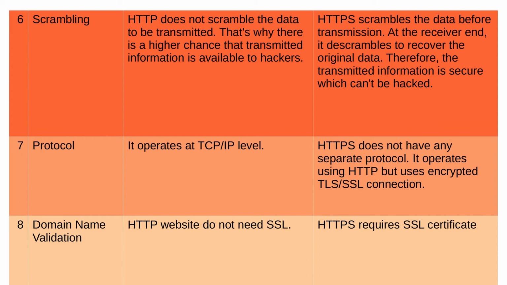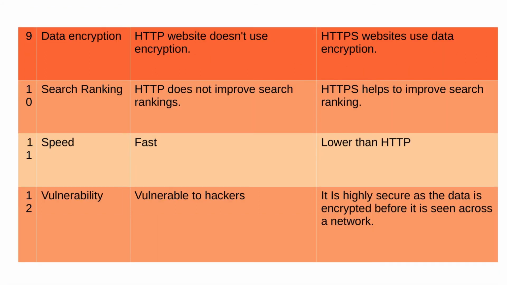HTTPS requires an SSL certificate. Number 9. HTTP websites don't use encryption, whereas HTTPS websites use data encryption. Number 10. HTTP does not improve search rankings, whereas HTTPS helps to improve search ranking.